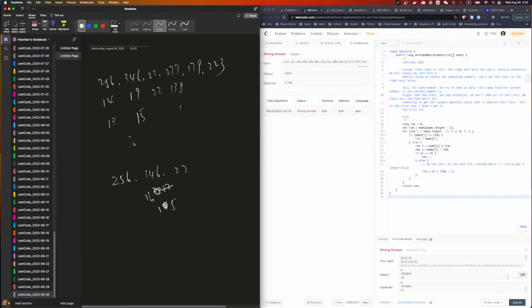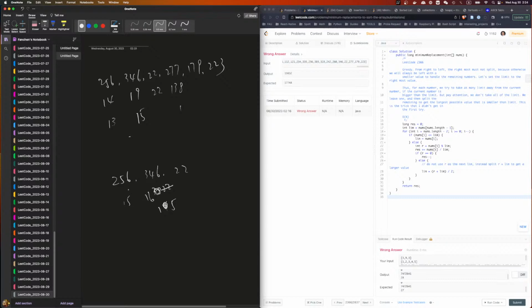And then 16, I can do 256 divided by 16. I can have 16 here, but I don't have 15. But that's 30, right?